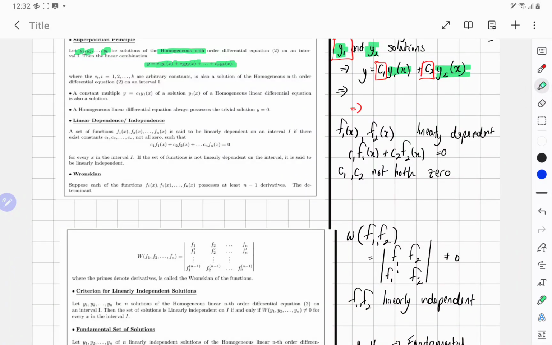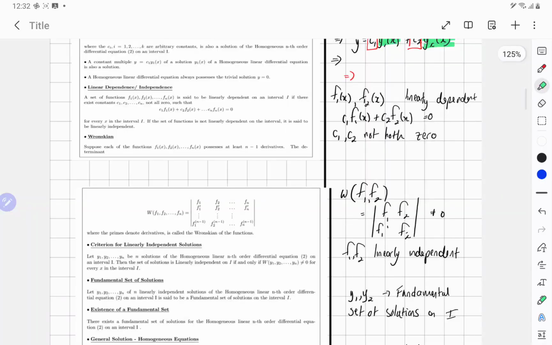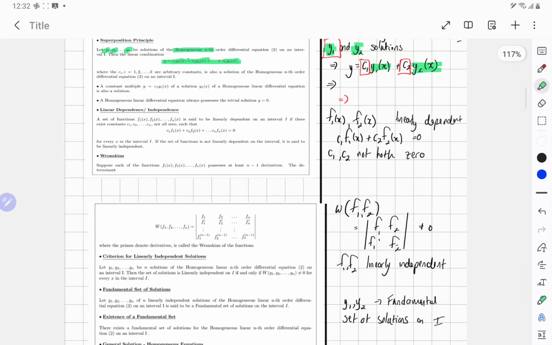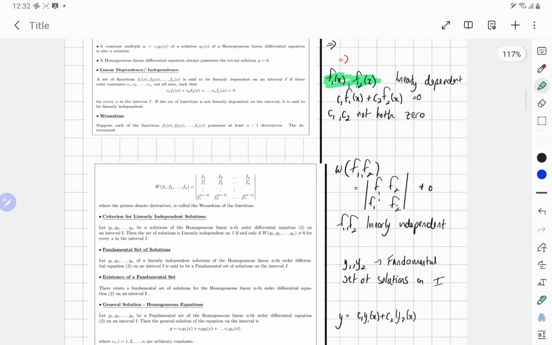Now what we're going to get to is linearly independent solutions. So what we are going to do here for later, we will change this y1 and y2 into functions f1 and f2, just to check whether or not they are linearly dependent or linearly independent.